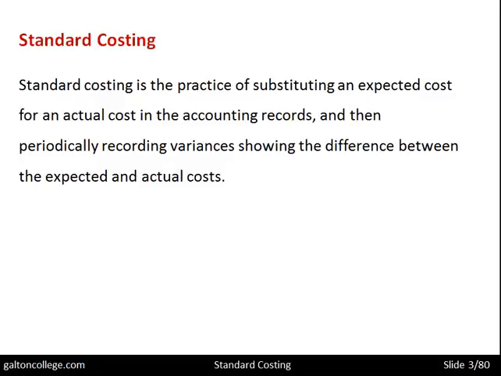Standard costing is the practice of substituting an expected cost for an actual cost in the accounting records, and then periodically recording variances showing the differences between the expected and actual costs. So in this case the accountants don't use the actual costs, they use a substituted cost.